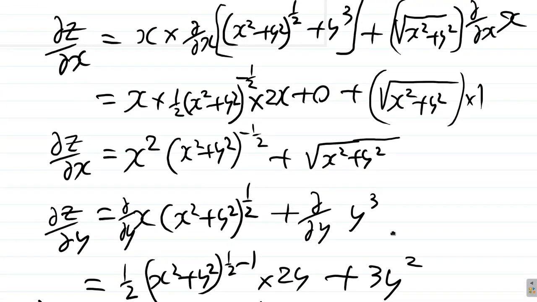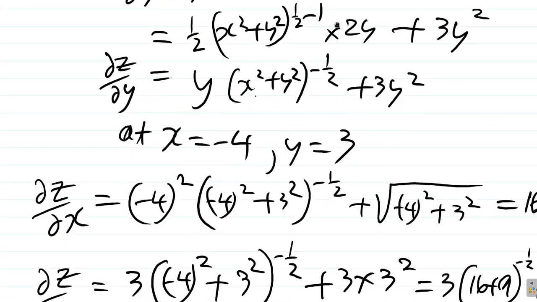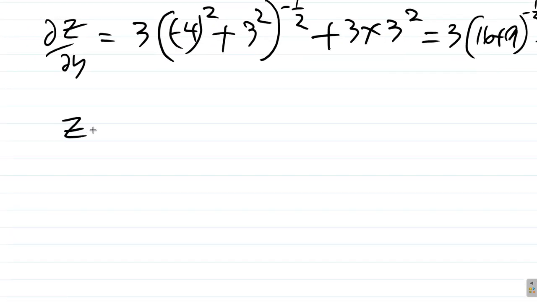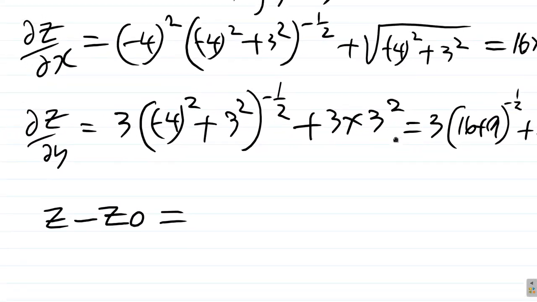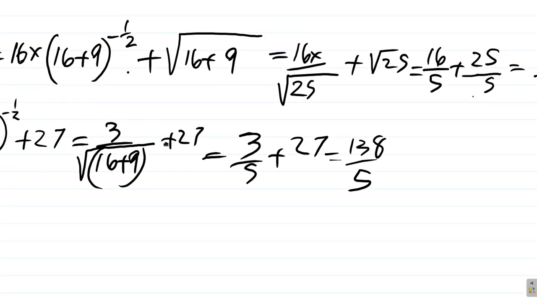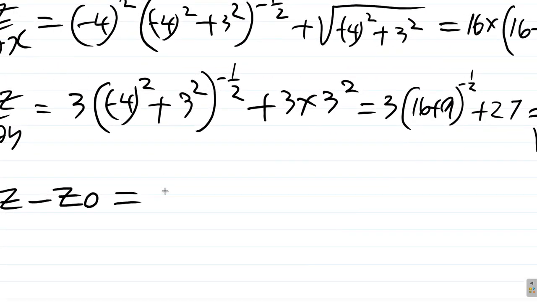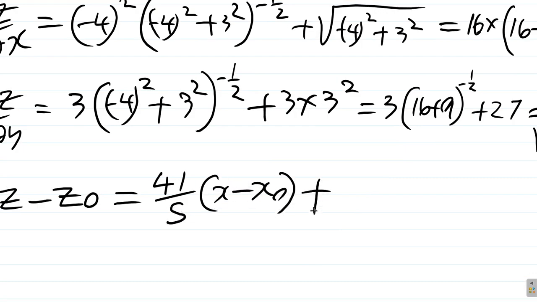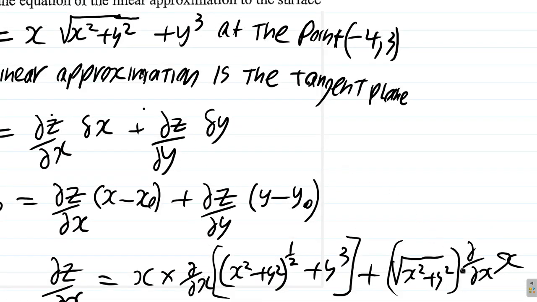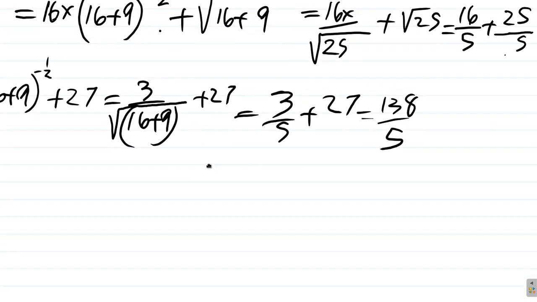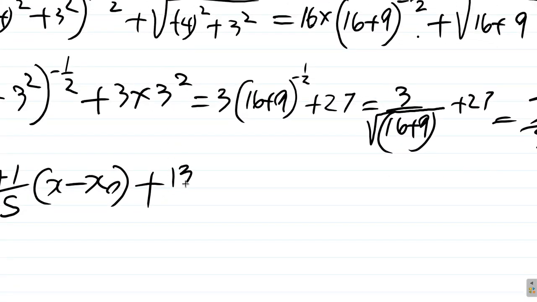Let's put them in this now. So you have z minus z naught equals partial z by partial x at the point, which is 41 over 5, times x minus x naught, plus partial z by partial y, which is 138 over 5, times y minus y naught.